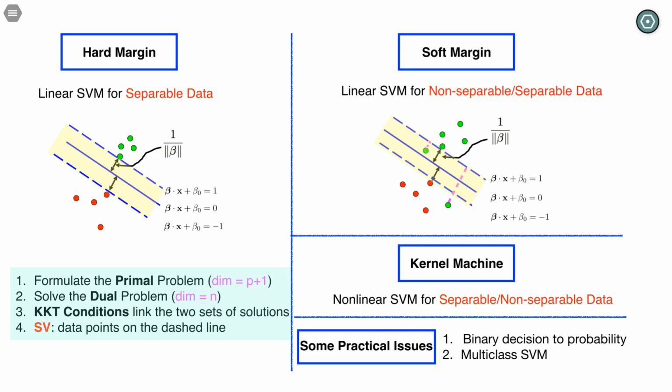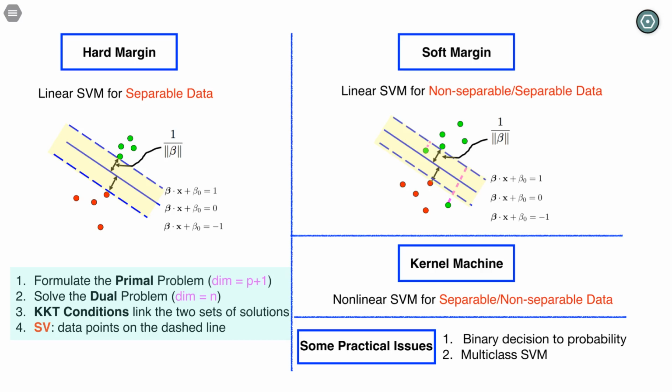What's interesting about the solution is that, due to the complementary slackness condition in the KKT conditions, most of the lambda i's, the Lagrangian multipliers, are going to be 0. For example, for the data on the left, there are only the two data points on the dashed lines, and they're going to have non-zero lambda i's.